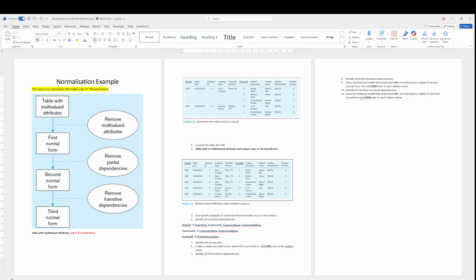It will also determine the product finish, and it will also determine the product standard price.